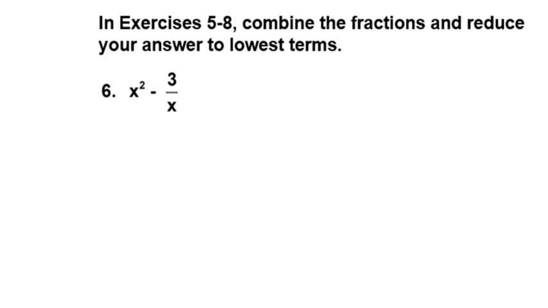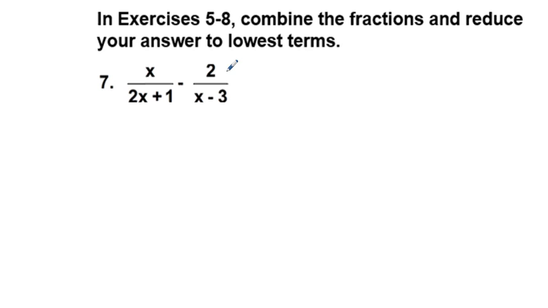Next odd number problem, which is 7, we have x over 2x plus 1 minus 2 over x minus 3. So our least common denominator is going to be multiplying these two separate denominators together.